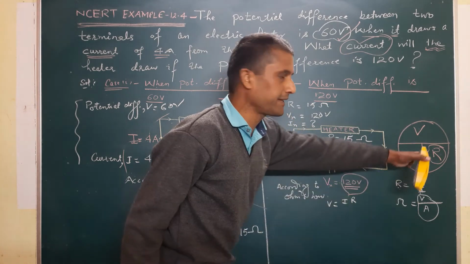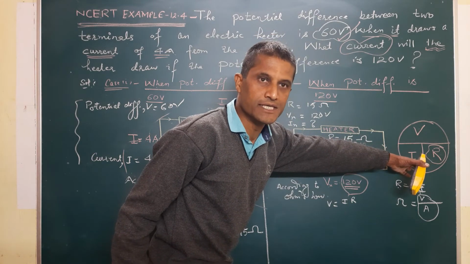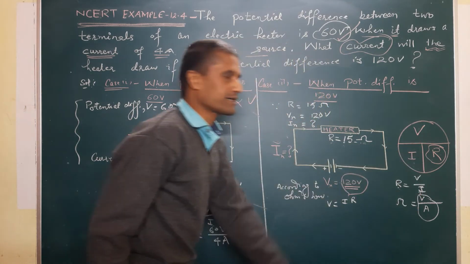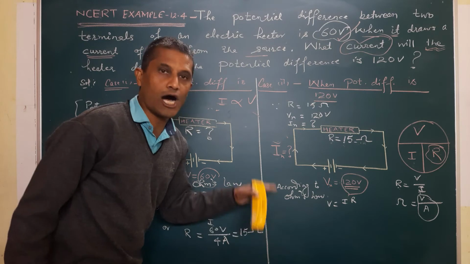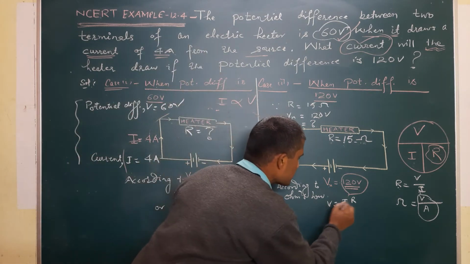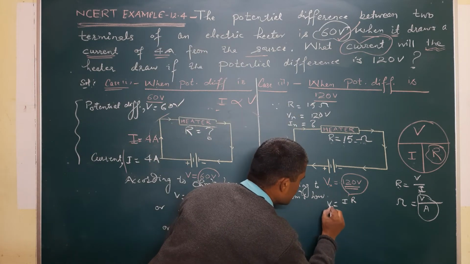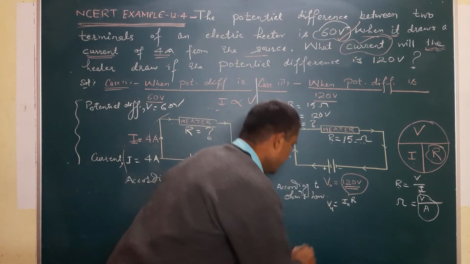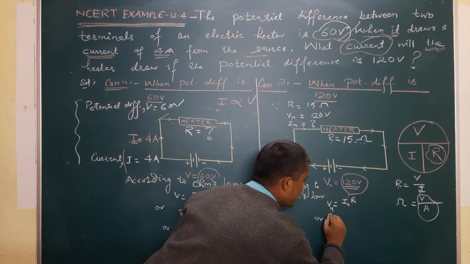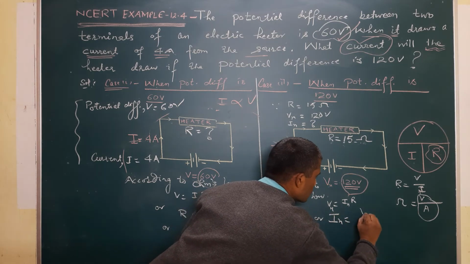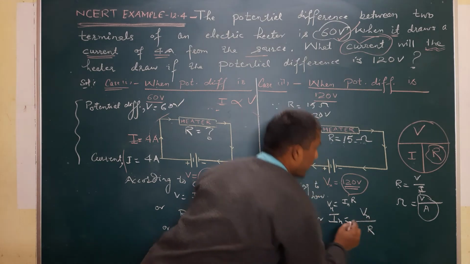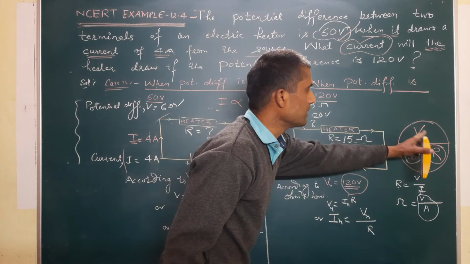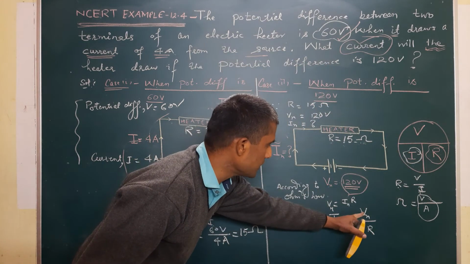Once again I am referring you to this triangular technique in order to find the direct way out of this numerical problem. Here we have new voltage, new current, but resistance remains the same, and we want to find out IN. IN is equal to Vn upon R, as I have told you.